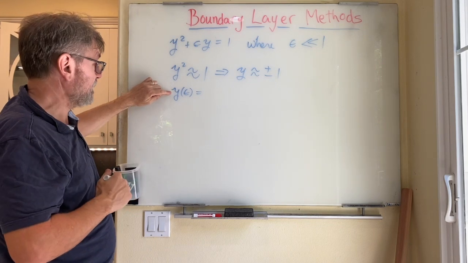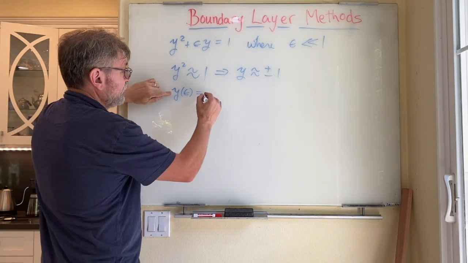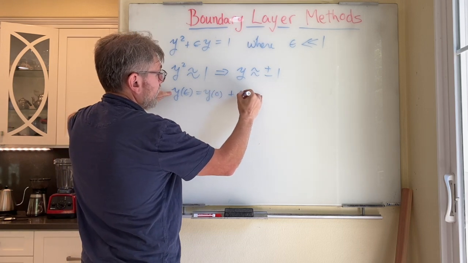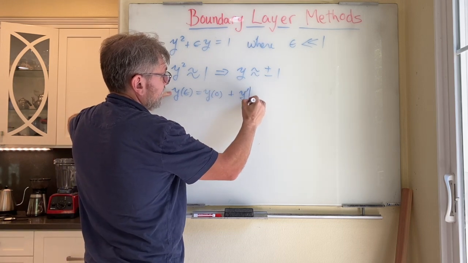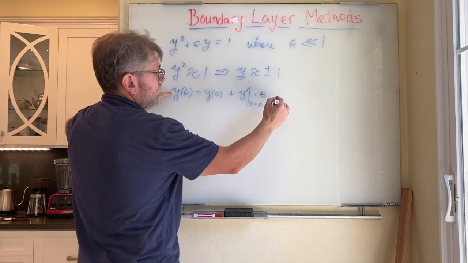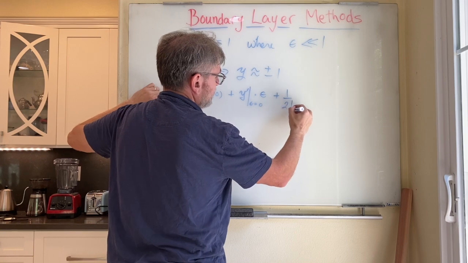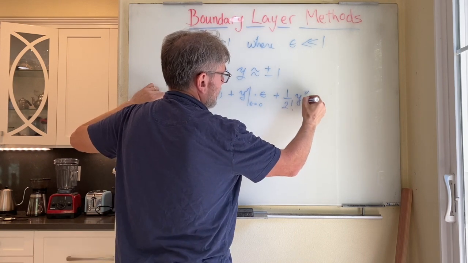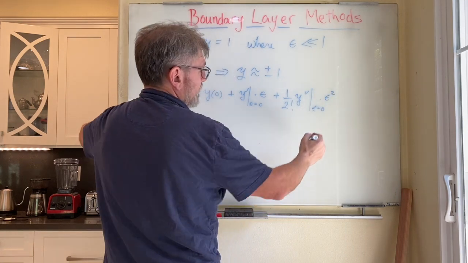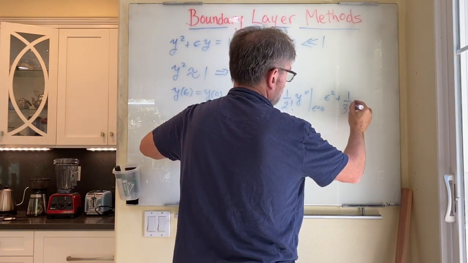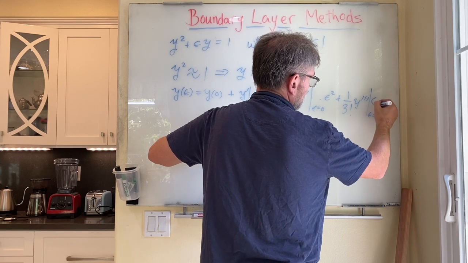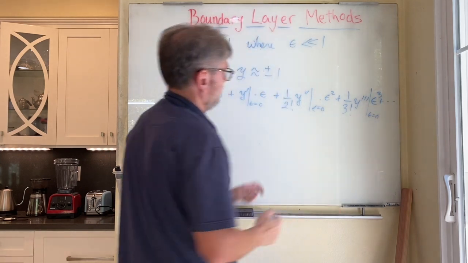Maybe we could try a Taylor series, and that would be y of 0 plus y prime evaluated at epsilon equals 0 times epsilon, plus 1 over 2 factorial y double prime evaluated at epsilon equals 0 times epsilon squared, plus 1 over 3 factorial y triple prime at epsilon equals 0 times epsilon cubed, plus dot dot dot.